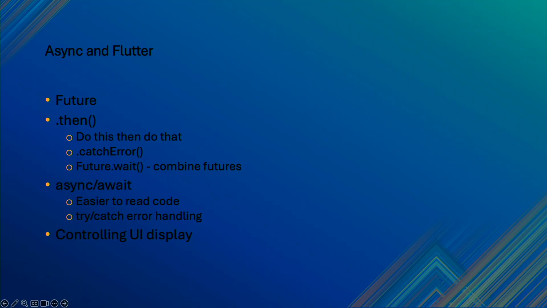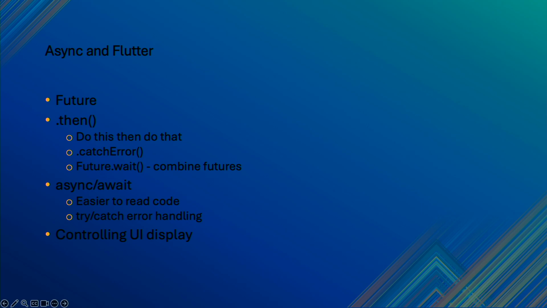And then as an alternative to using the Future class and these methods, you can use the async await pattern. Async await accomplishes the same thing as then and catchError, but with an easier to follow syntax. It lets you write your asynchronous code more linearly and handle errors with a normal try catch block.